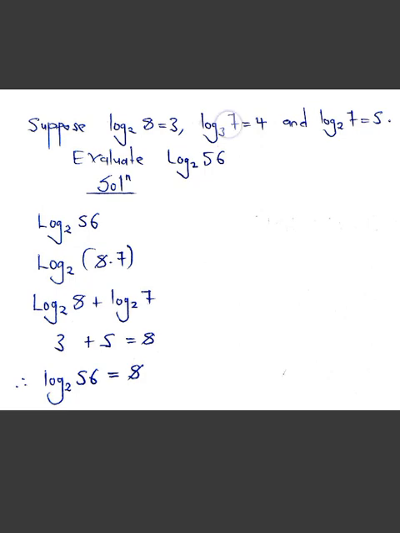I just put log of 7 to the base 3 to maybe confuse you here and there. The question said log of 7 to the base 2 is equal to 5. Please don't pick the other one because the bases are different. So you go for this one, and since it's 5, you substitute 5. So 3 plus 5 will give you 8. Therefore, log of 56 to the base 2 is equal to 8.